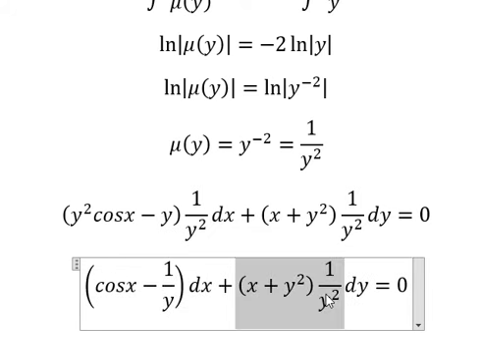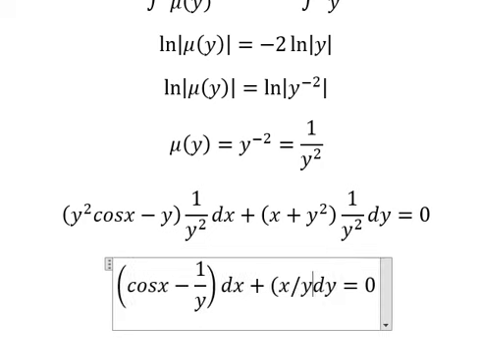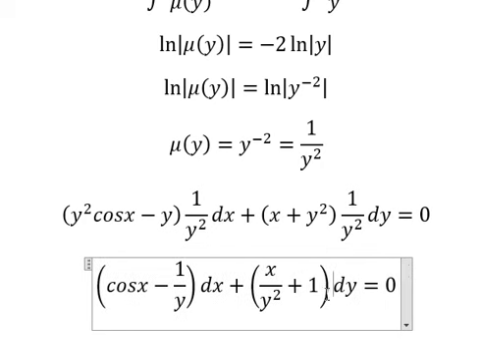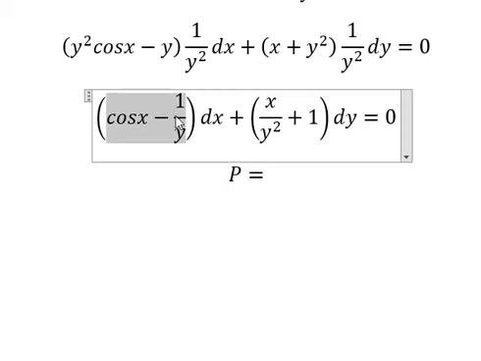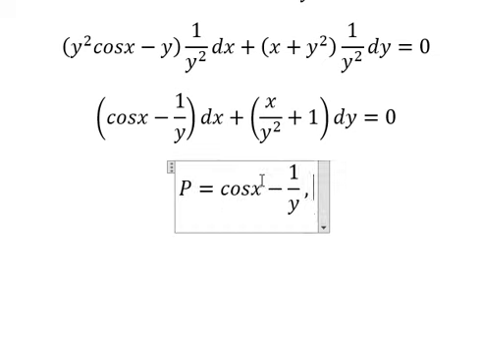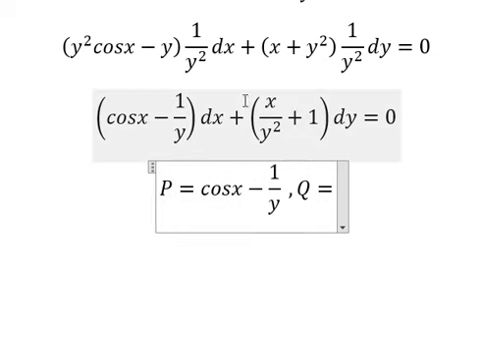This one, we have s over y squared plus 1. Now, I will put about b equals to this one, and q equals to this one.